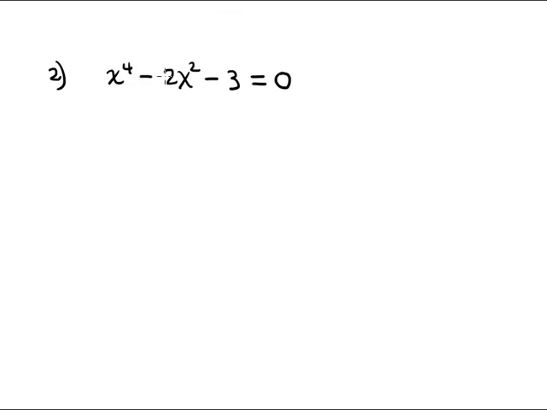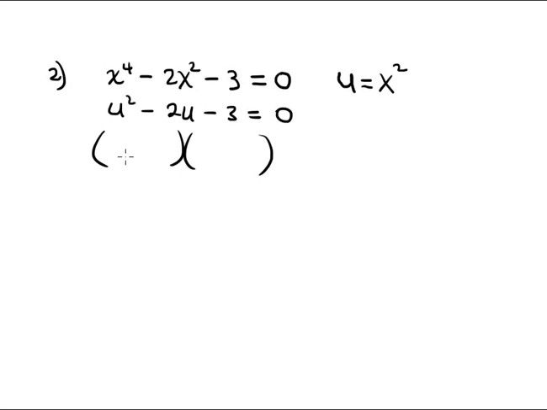Okay, solve this equation. This is an equation quadratic in form, because this exponent is twice this exponent. And remember, the substitution is u equal x squared. So u squared minus 2u minus 3 equal to 0. Now by factoring, it's 3 and 1, it's minus, it's plus.